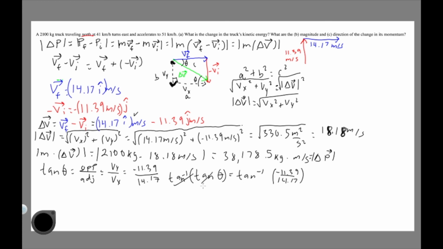So these cancel out. That gives us theta equals the inverse tangent of negative 11.39 over 14.17.